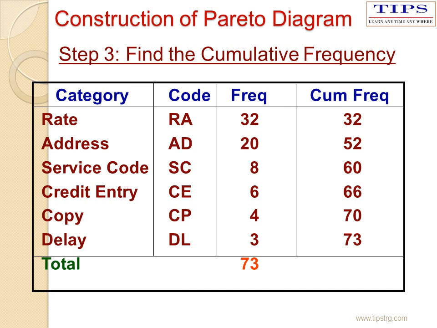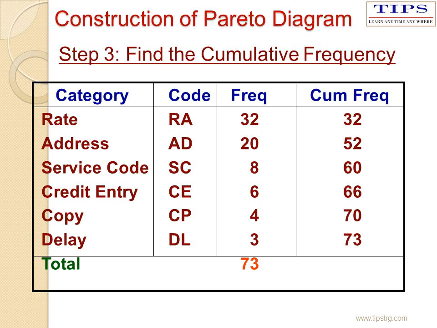Step 3. Find the cumulative frequency. How to calculate the cumulative frequency, we will see here. For the first, that is rate, the frequency is 32. Write it as it is in the cumulative frequency column. Next, for address, add 20 plus 32, that is equal to 52.